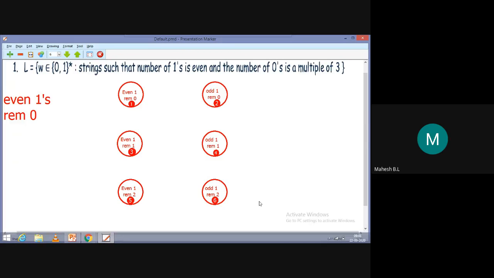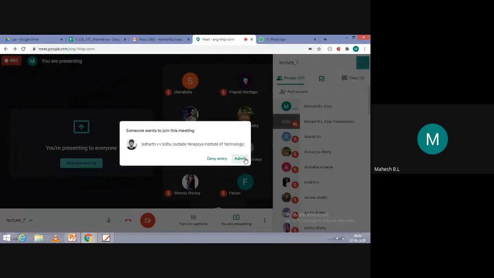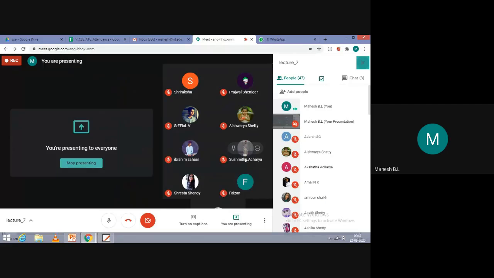Now you need to tell me, among these states, which one is the initial state and which one is the accepting state. Can you tell me which one is the initial state and which one is the accepting state? Yes, give your answer quickly.